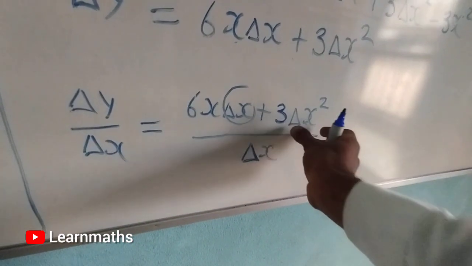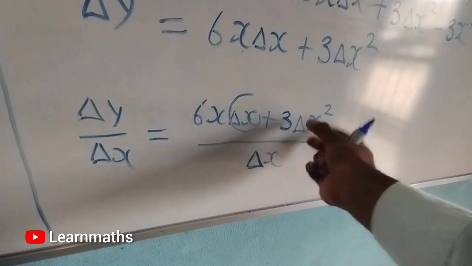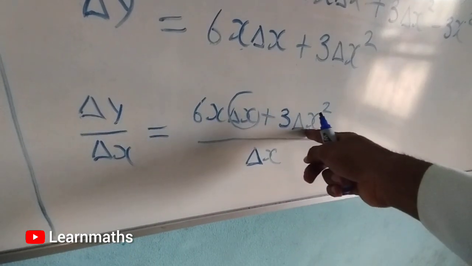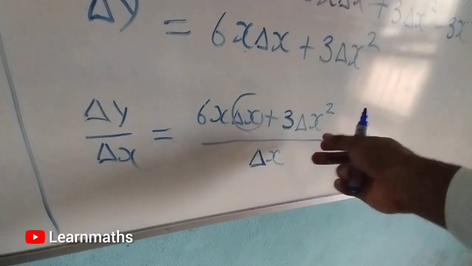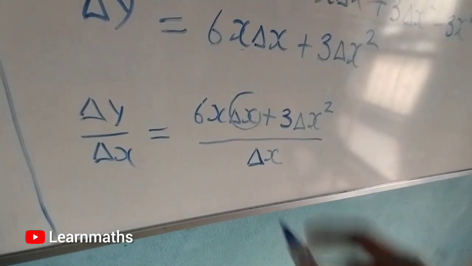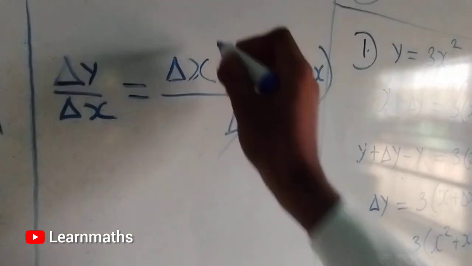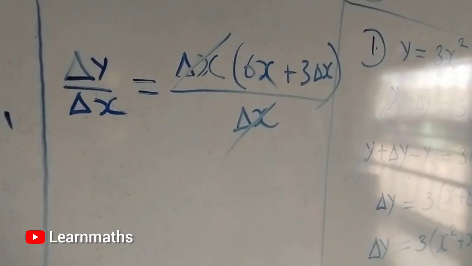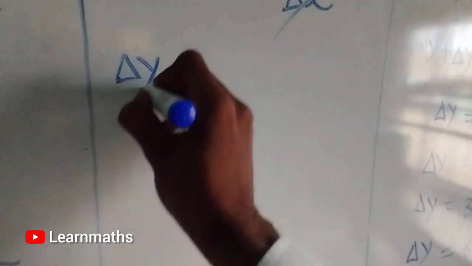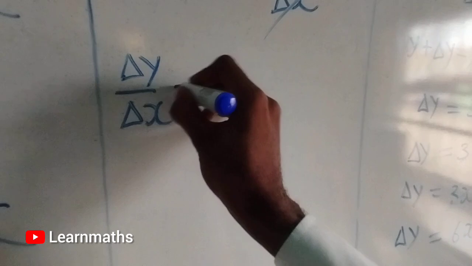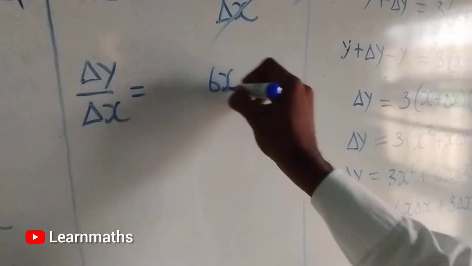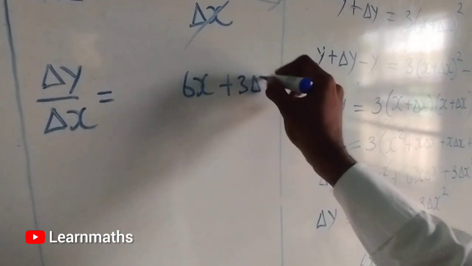That's to say that there are two change in x here, right? If you bring out one of them, the other one will be left behind. That's why we have 3 change in x. All over change in x. So this change in x is going to cancel this change in x, leaving us with change in y over change in x equal to 6x plus 3 change in x.